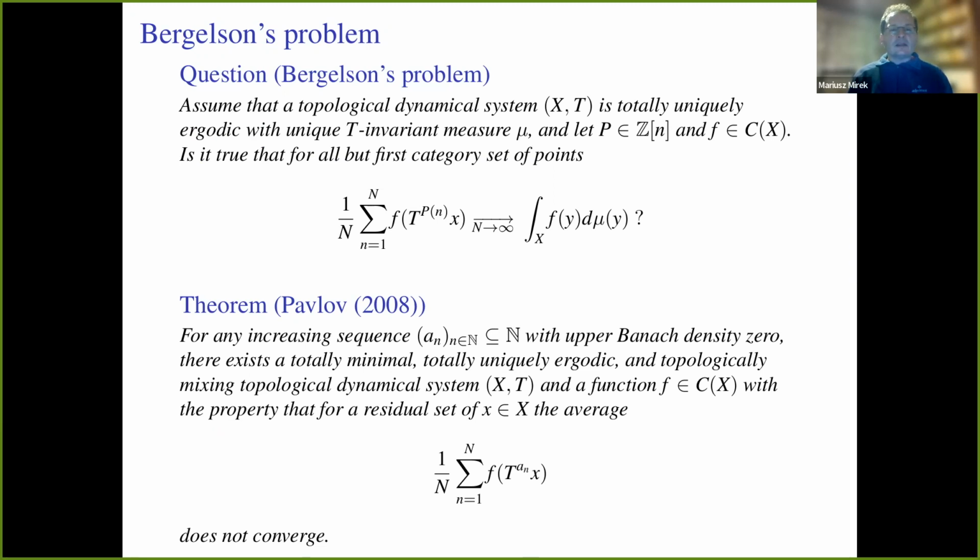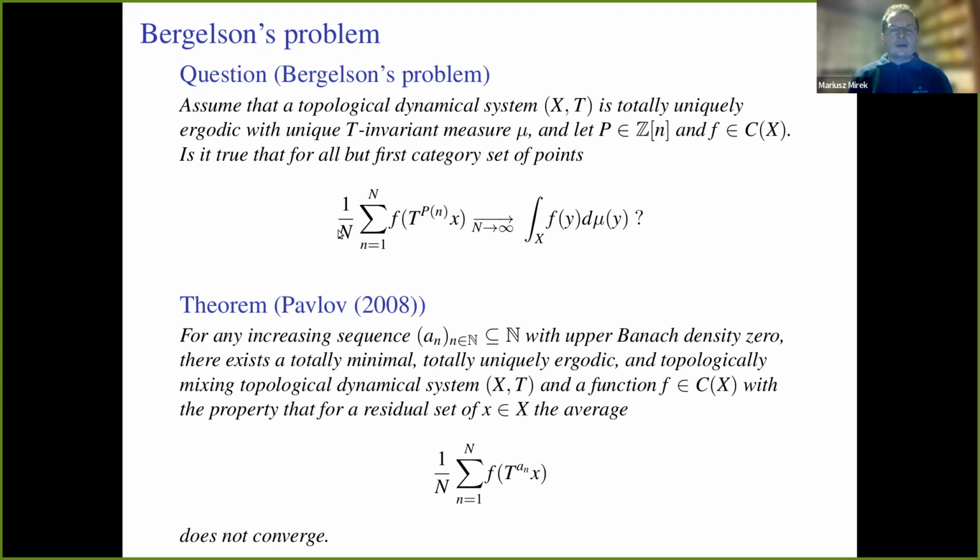It says that if we consider a dynamical system which is totally uniquely ergodic with unique T-invariant measure mu, and we consider a polynomial with integer coefficients and a continuous function, the question of Bergelson was: is it true that for all but a first category set of points, we have the following convergence?